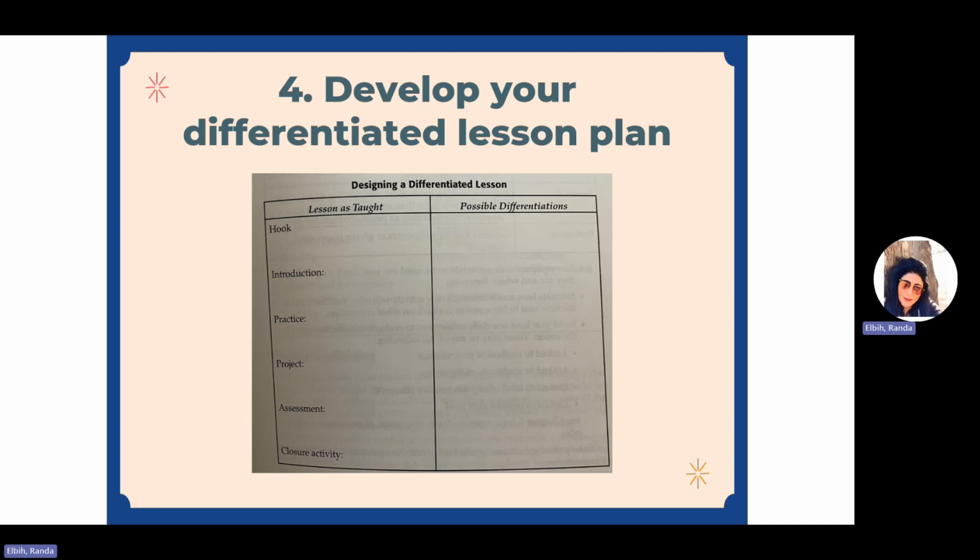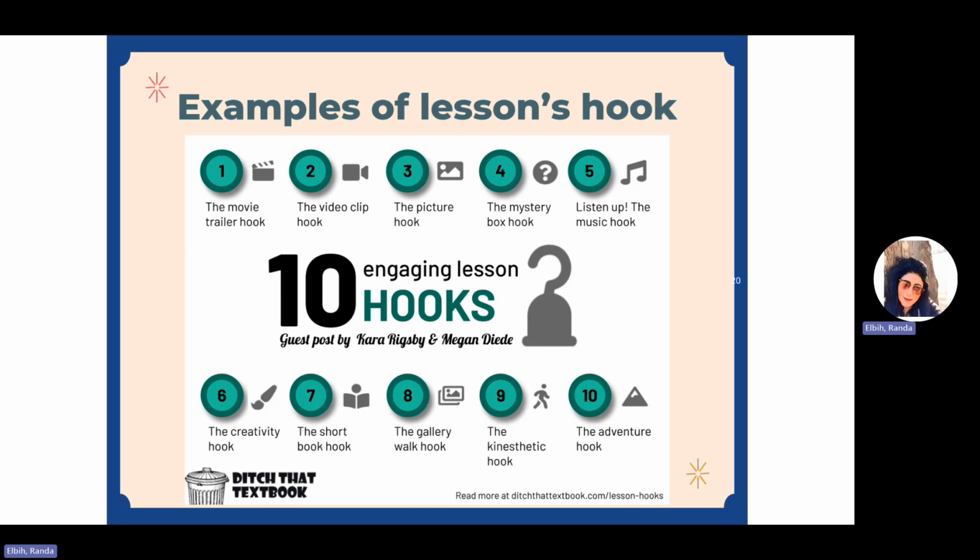The lesson plan starts with the hook, and then you have the introduction of the lesson, and then you have some practice for students to practice the skills, and then you have a project to gauge students in the content and the skills, and then you have an assessment to assess students' learning, and you have a closure activity. Okay, all of this happens within the 50 minutes of the lesson, or the period of the lesson.